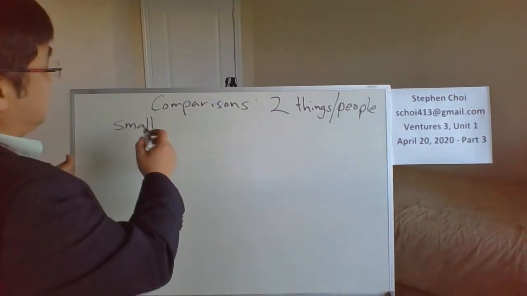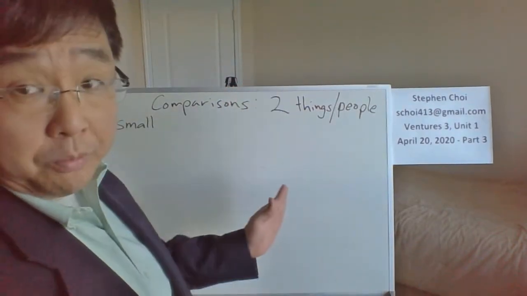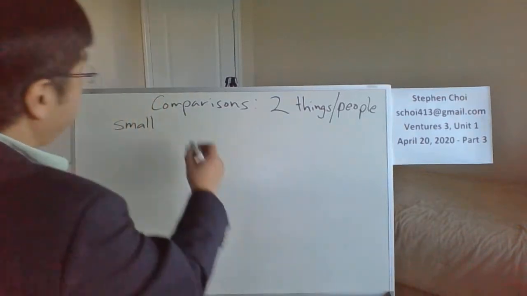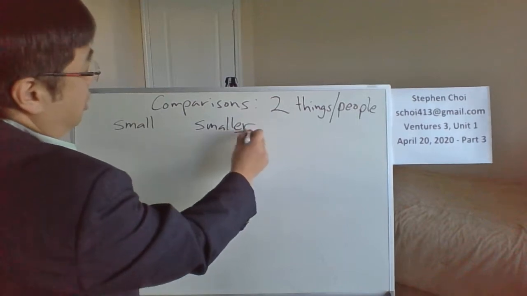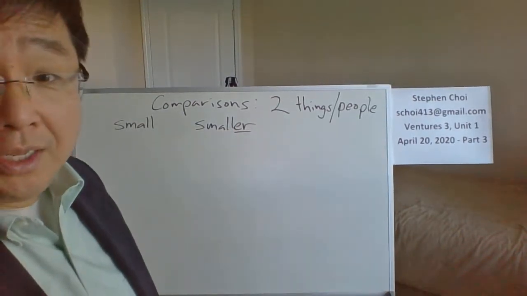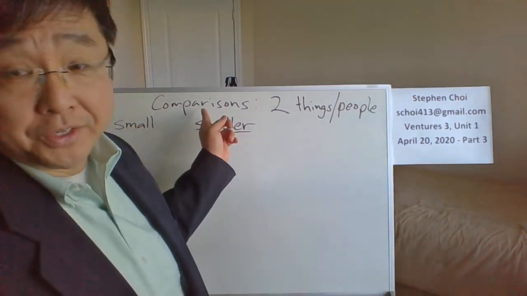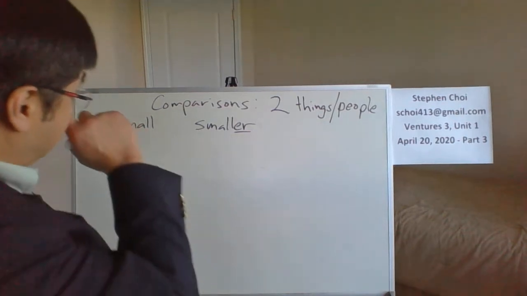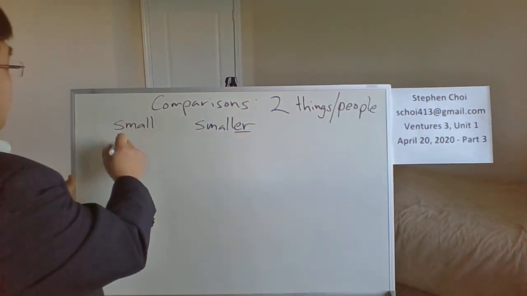But if you want to compare two cars, this car is small, and the other car is smaller. You just put the er for comparisons. This is the comparative form.